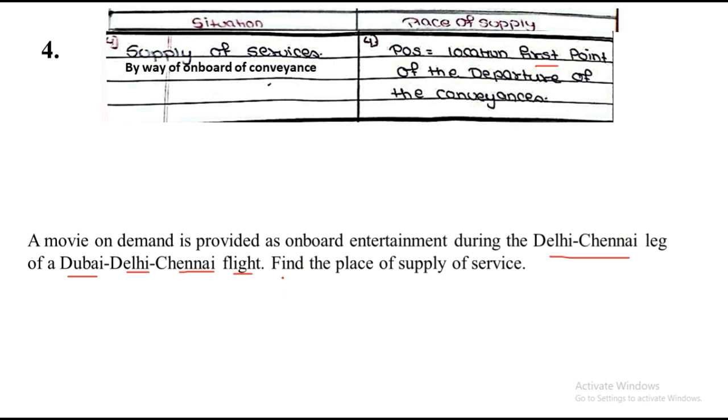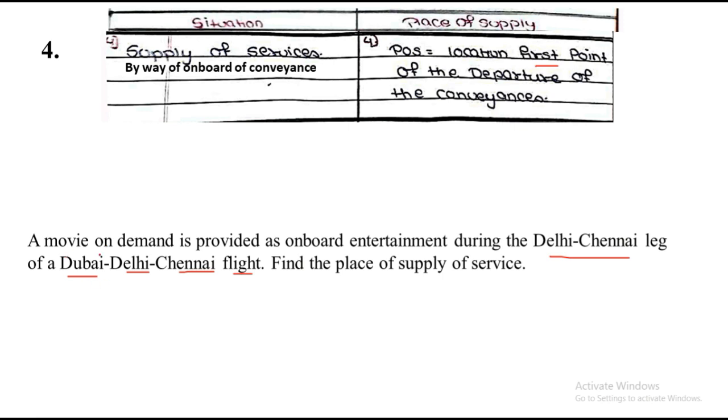So now this is a long distance flight from Dubai to Delhi, from Delhi to Chennai. And during the Delhi-Chennai leg, you asked for a movie, or you demanded a service for a movie. So as per the rule, since you have asked for service on board during your conveyance, the very first starting point of your departure will be your place of supply.